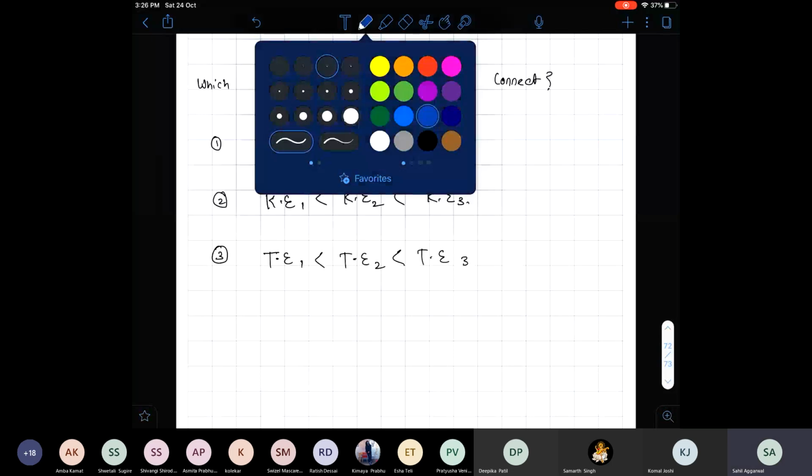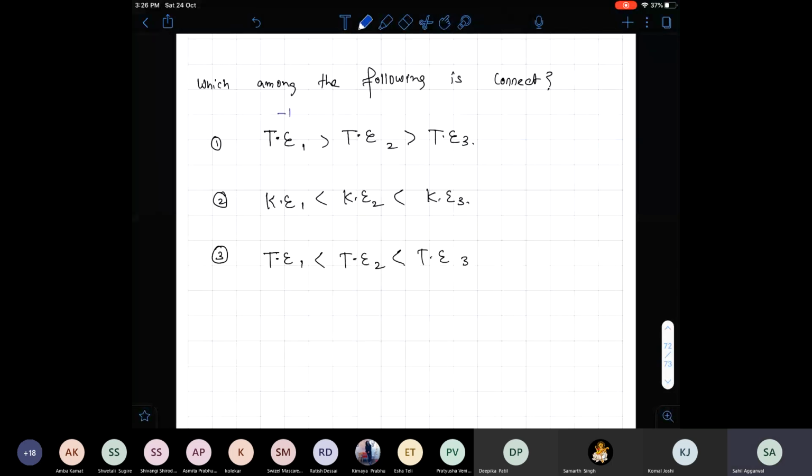So let's put their values. Minus 13.6 electron volt, minus 3.4 electron volt, minus 1.51 electron volt. So this one is wrong. Here 1.5 electron volt, 3.4 electron volt, 13.6 electron volt, this is also wrong.